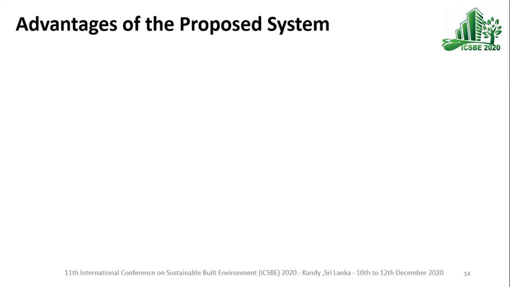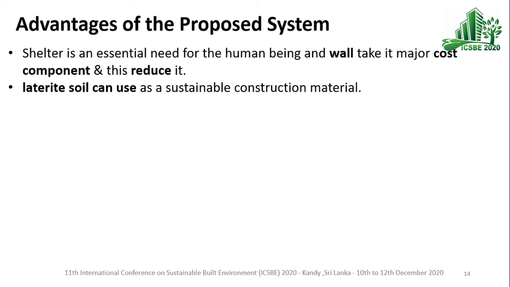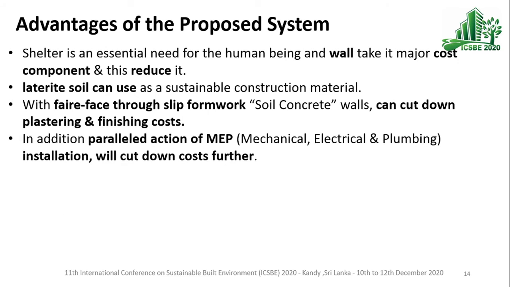The advantages of the system: we can reduce the wall cost and introduce it for housing construction. Laterite soil can be used as a sustainable material for the method. Fair finish construction through slip form can reduce plaster and finishing cost.